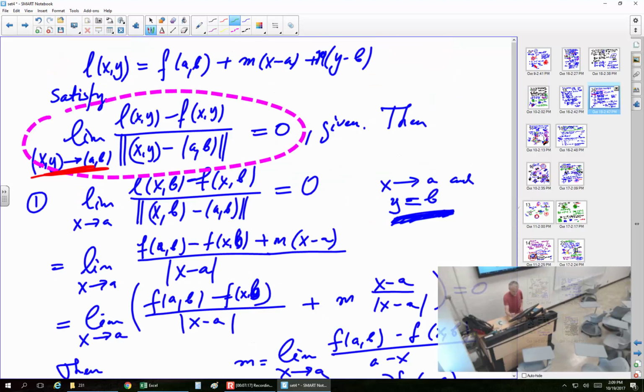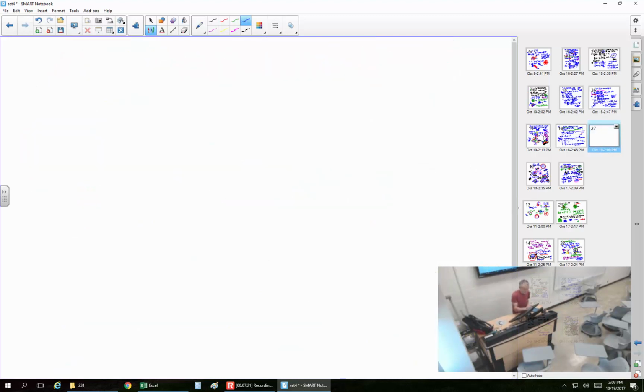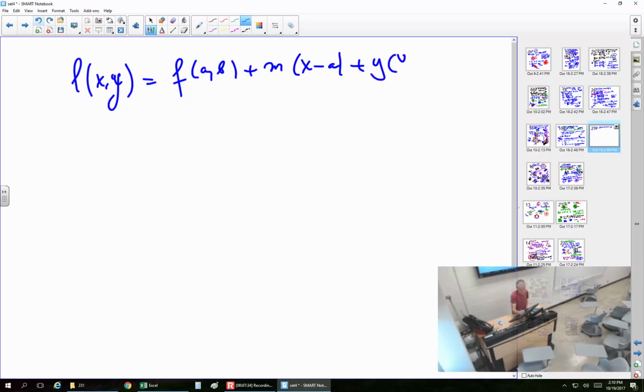Let me write it out again. We can ask ourselves, so L(x) is equal to L(x, y) is equal to f(a, b) plus m(x minus a) plus n(y minus b).